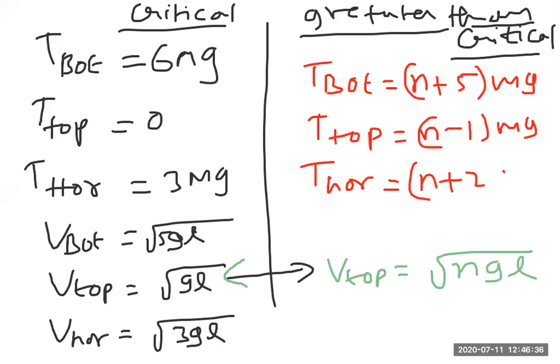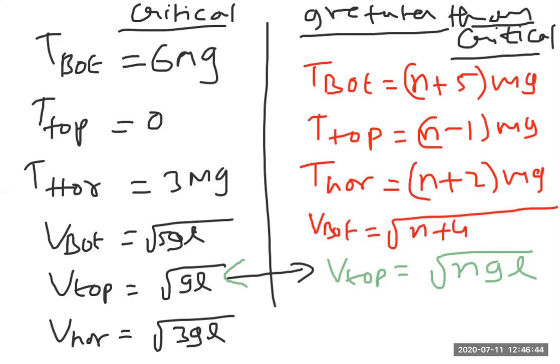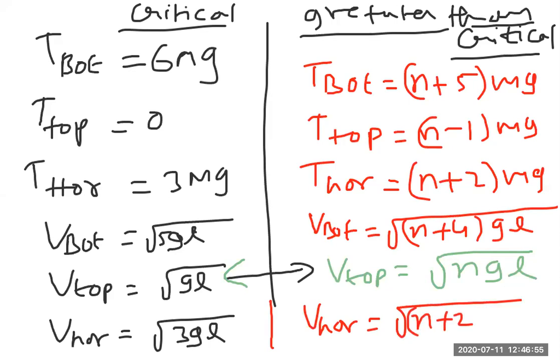Velocity at the bottom is root over (N plus 4) gl. Velocity at horizontal is root over (N plus 2) gl.